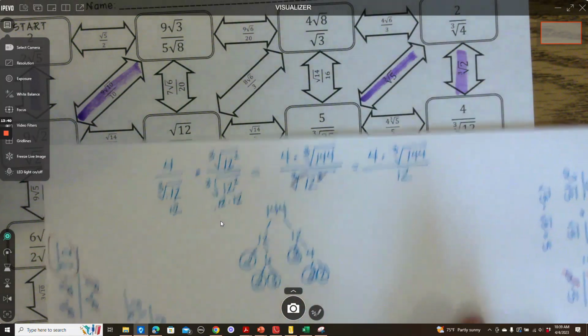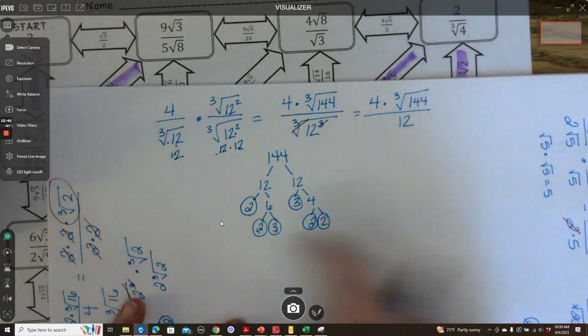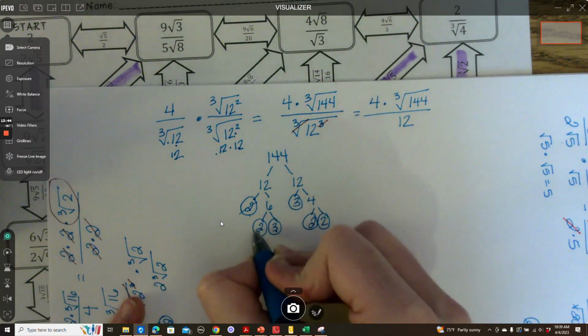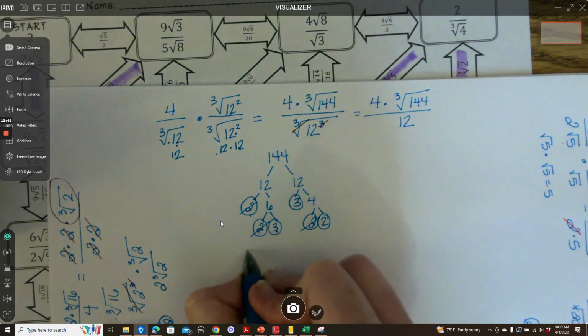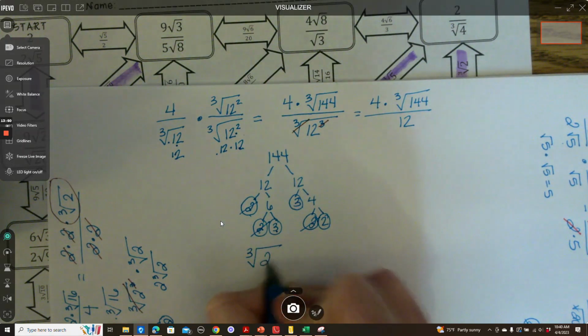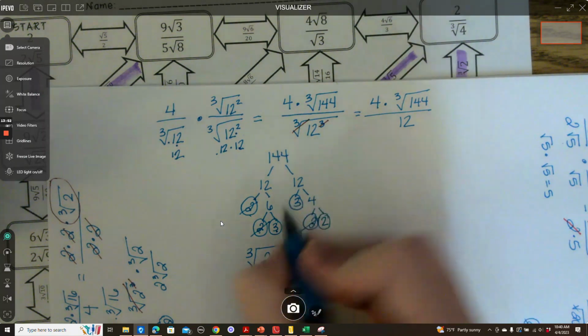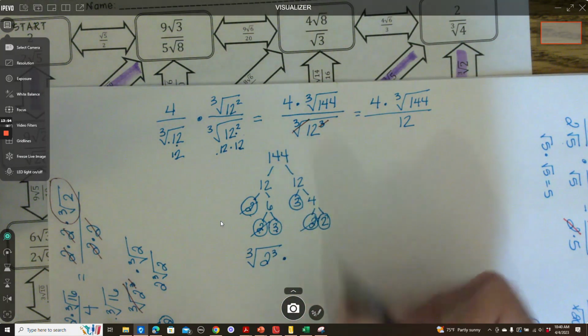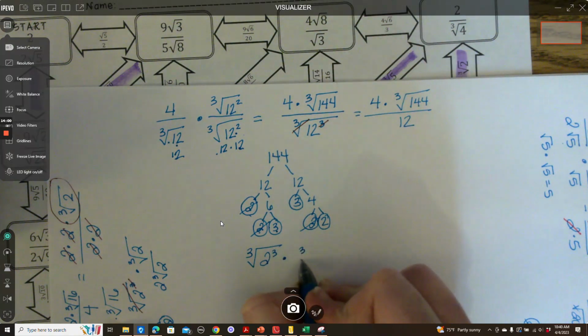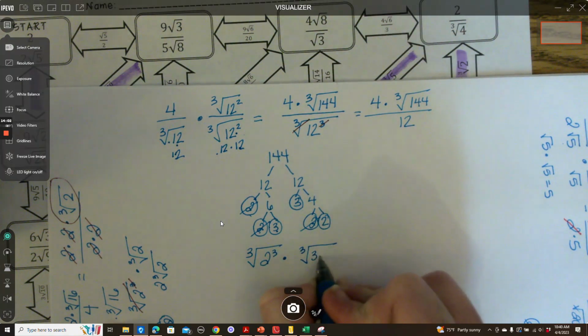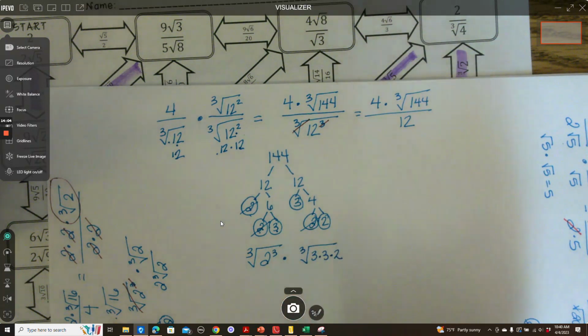All right, we need groups of 3. So I've got 1, 2, 3 2s. I don't have any more triplets. I could put each of these in its own cube root, but I don't want to do that. I'm going to put them in one and multiply them together.